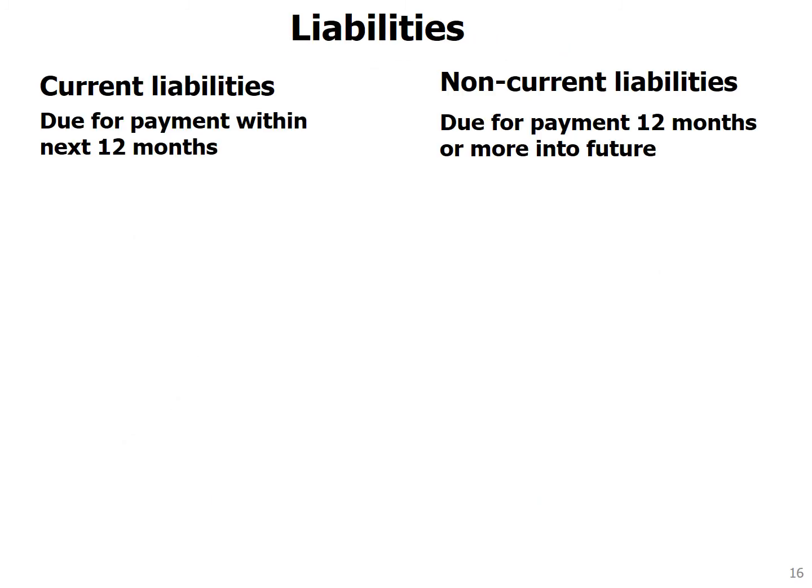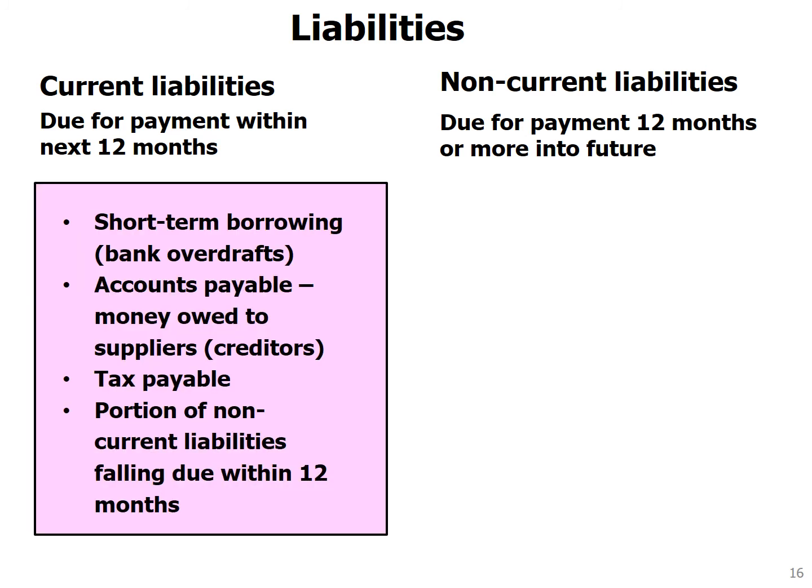Liabilities. Liabilities, as was the case with assets, are grouped into two major classes. Current liabilities are due for payment within the next 12 months, and non-current liabilities, payments that are due 12 months or more into the future.